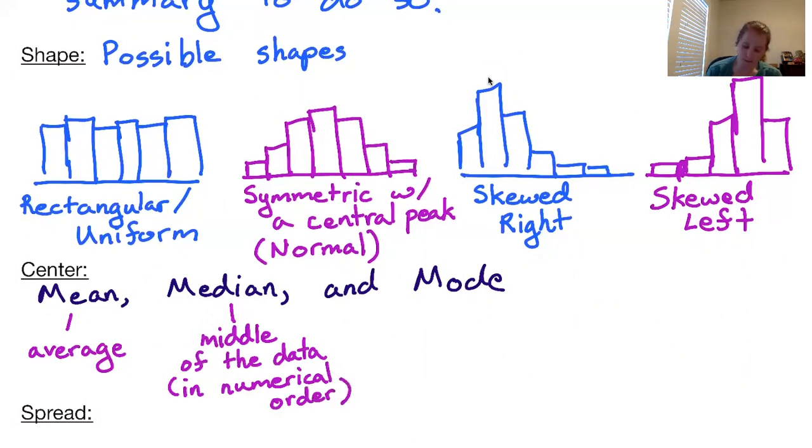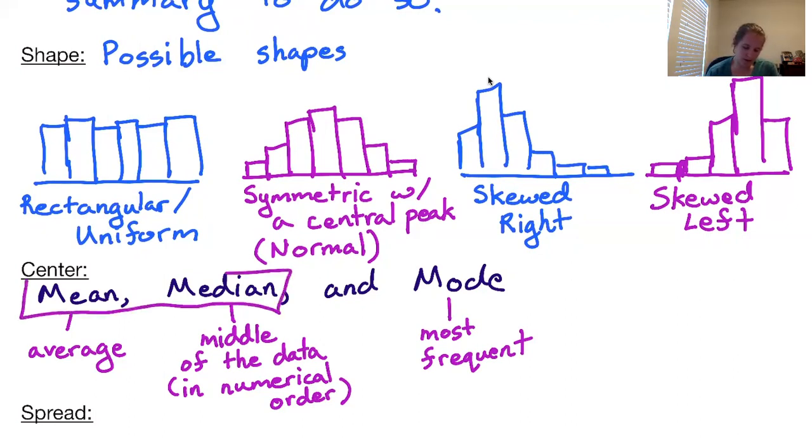And the mode is the most frequent. So these are all ways of describing center. The median is often the best representation. The mode is more like the most common. So if you want center to mean the most common, the mode might be the way to do so. But typically, we will be using the mean and the median, and that is what we will be focusing on.